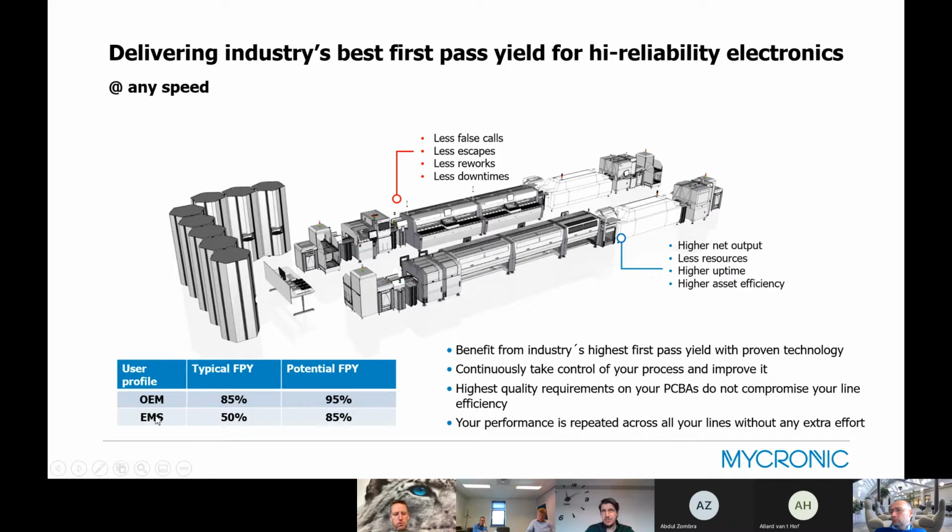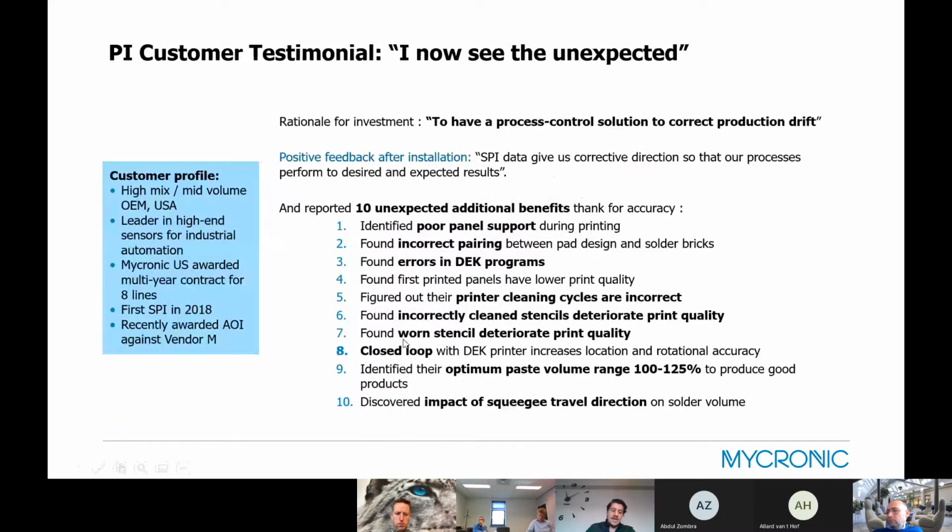For EMS, it's much more difficult, and I know that most companies in Holland are EMS. Here you are not the owner of the boards or the program, so it's a little bit more difficult. Normally they are around 50%, but also here we see a high potential by having a good and robust library, good machines, and so on. So this is a little bit as an introduction.